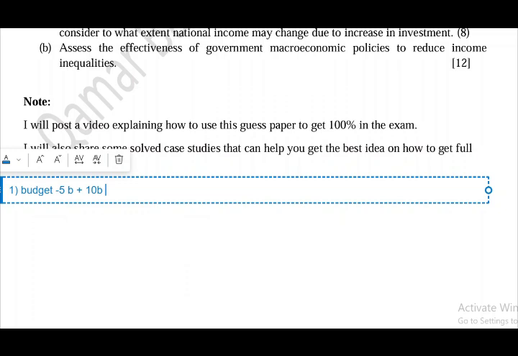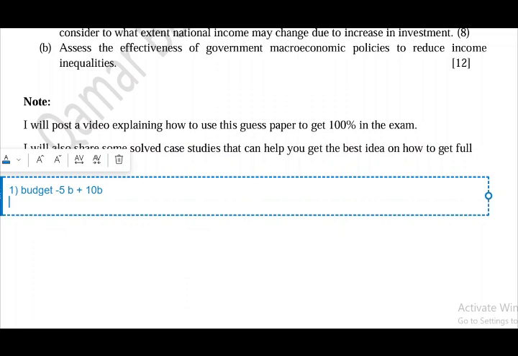Or for example, minus 5 billion was in year 1 and plus 10 billion is in year 2. So the examiner may ask what has happened to the government budget. So you can say that government budget has moved from deficit to surplus, because when budget is negative, it means it is deficit, and when it is positive, it means it is in surplus.